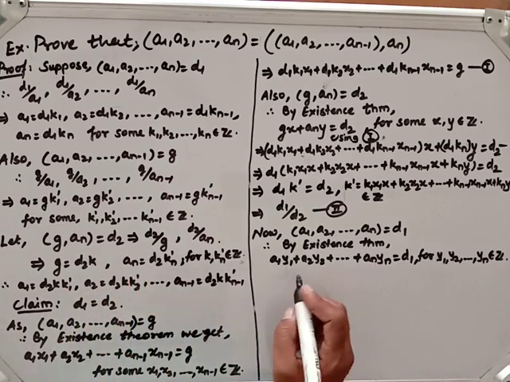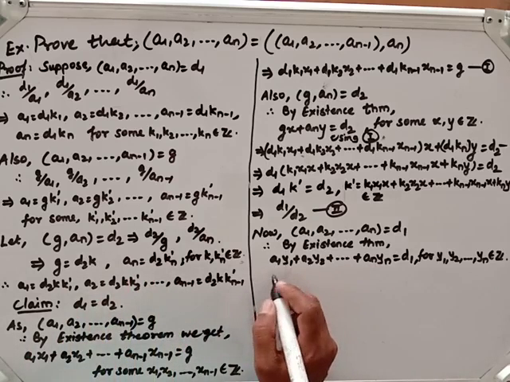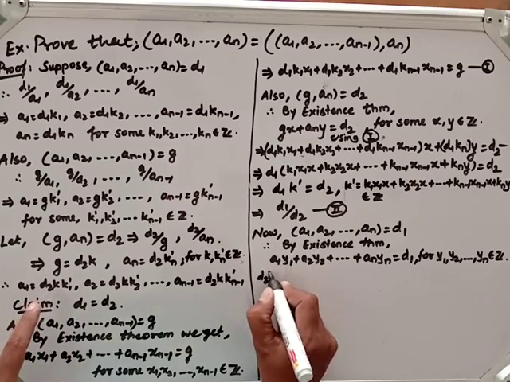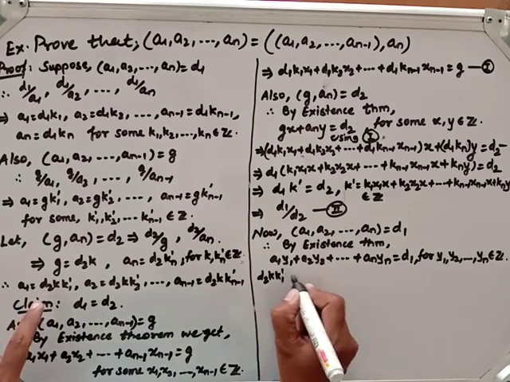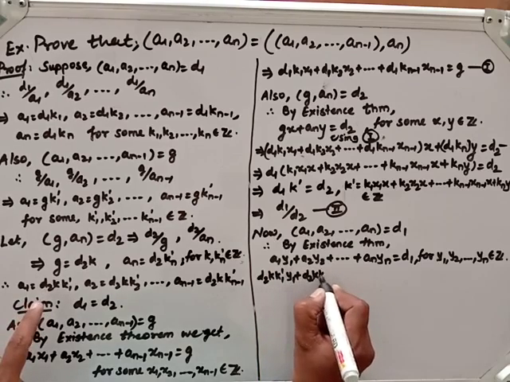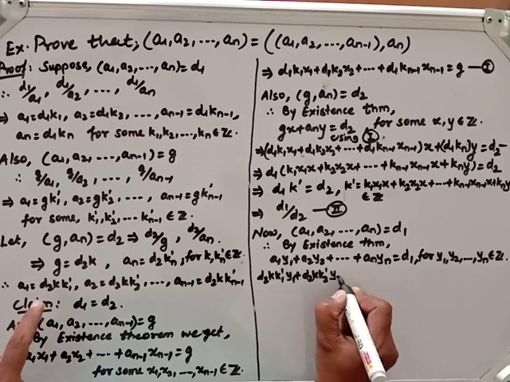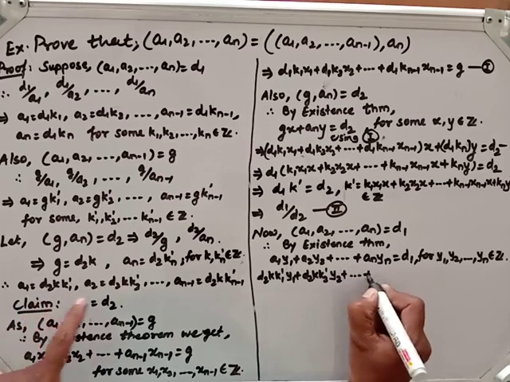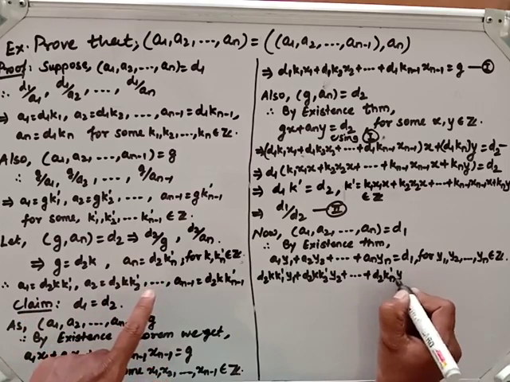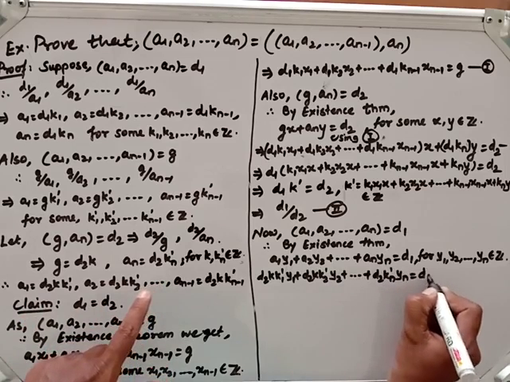So what we get here, a1 is d2 k1 dash into y1 plus again d2 k2 dash into y2 plus so on up to an is d2 kn dash yn is equal to d1.